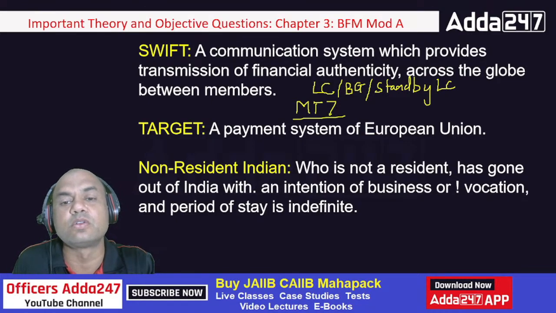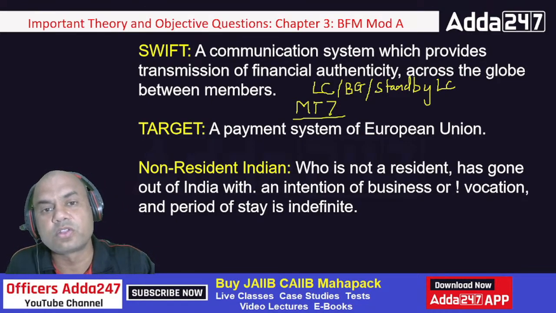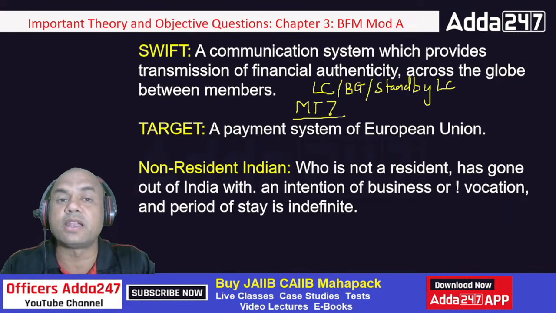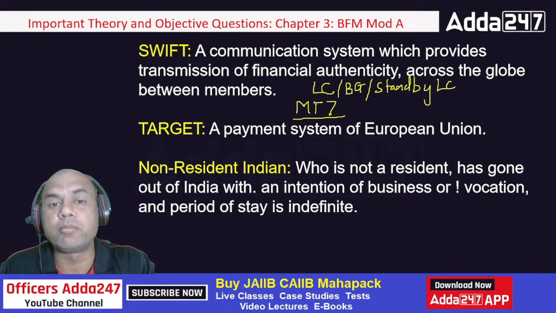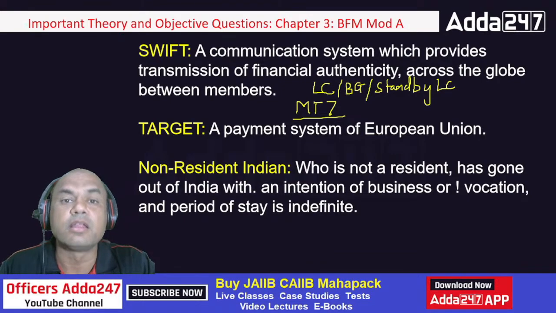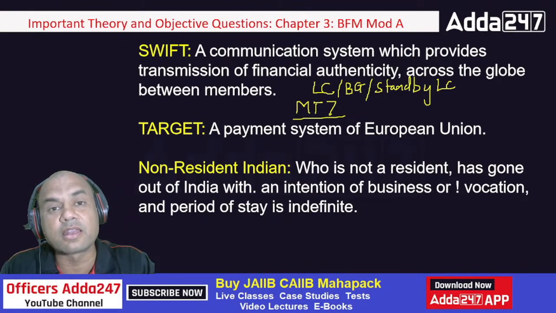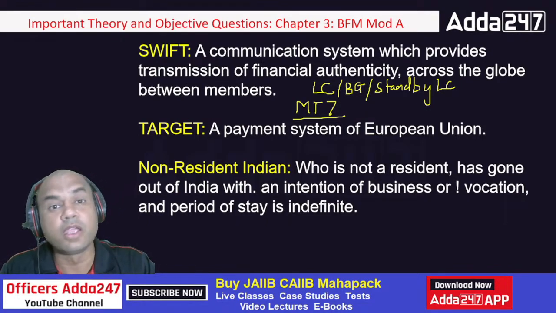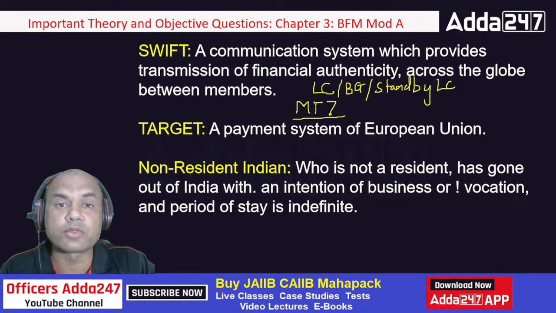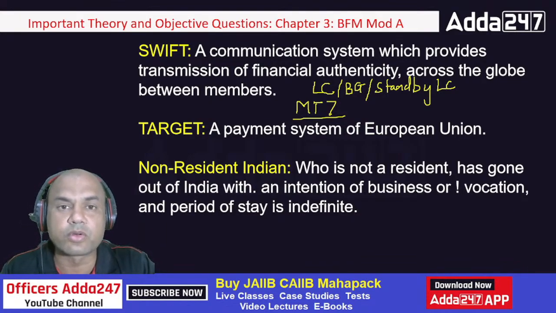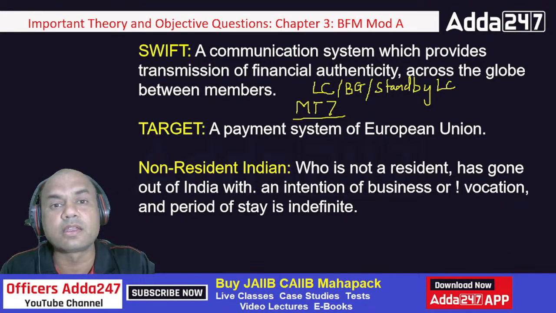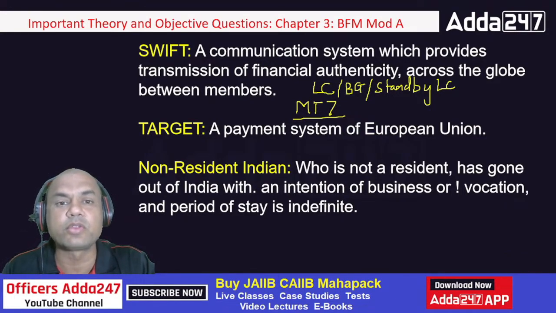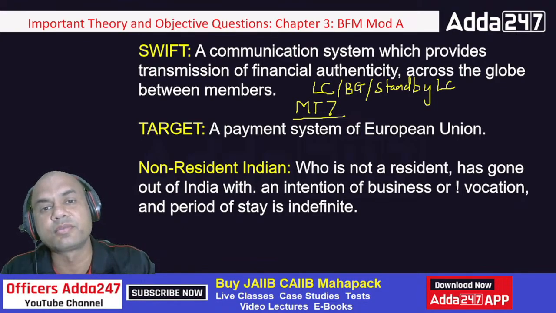MT7 series is known as the authentic series in SWIFT. If you send any message from the MT7 series to any bank, that bank will consider it an authentic message, and whatever you have said, it will follow. It won't ask you back whether you have sent this message.